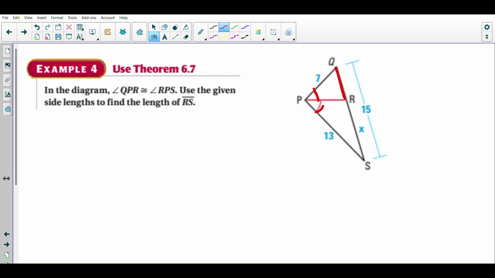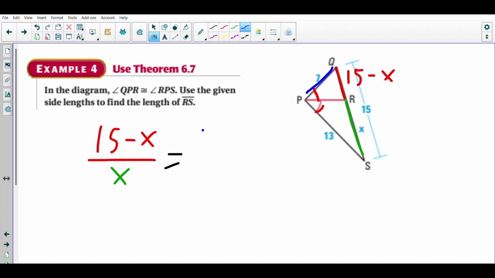Remember, it's QR. This one's a little hard, but the whole thing, QS, is 15. If we take away RS, we're left with 15 minus x. So we have 15 minus x over RS, which is x, equal to 7 over PS, which is 13. Now we use basic proportion work.